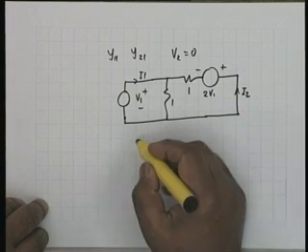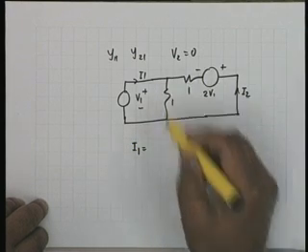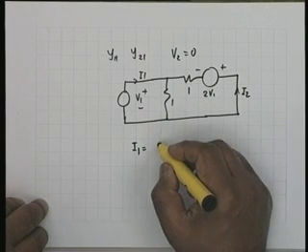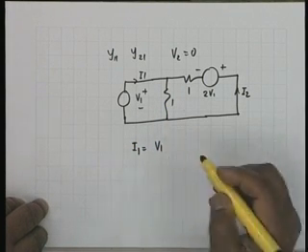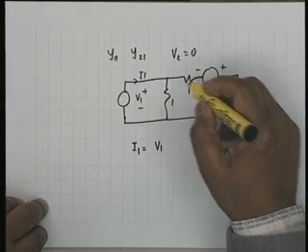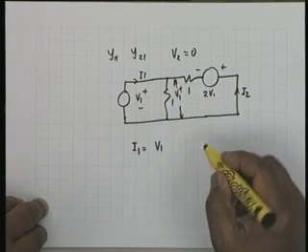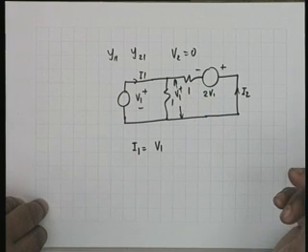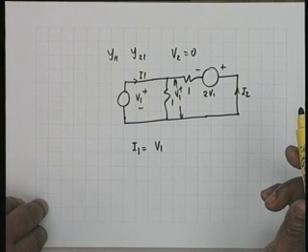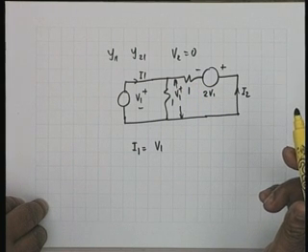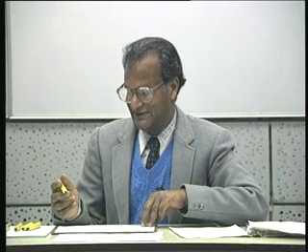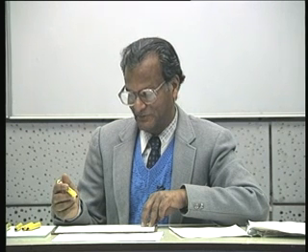Now, if you write the node equation at this point, I1 is V1 by 1, okay, and what is the voltage across this? This is V1. What is the voltage across this? Is it minus 3 V1 or plus 3 V1?